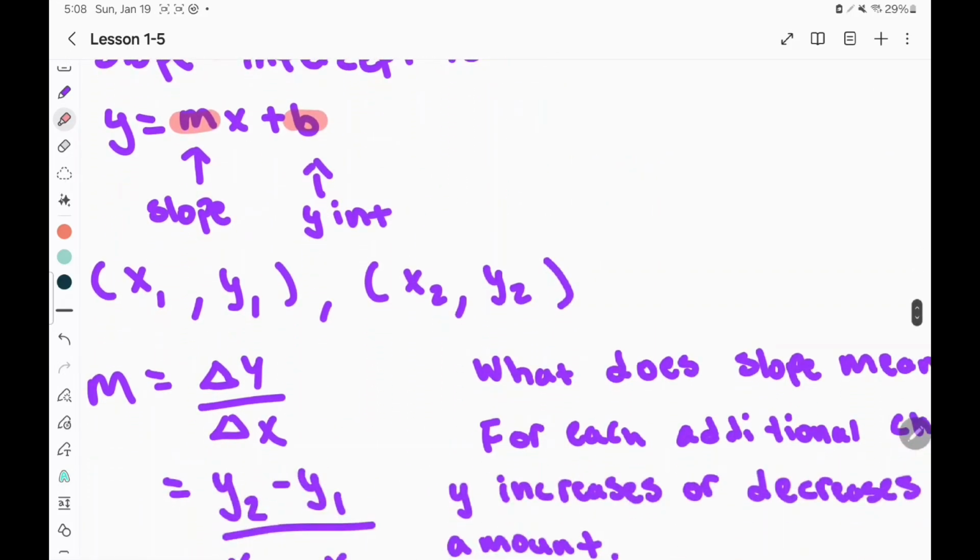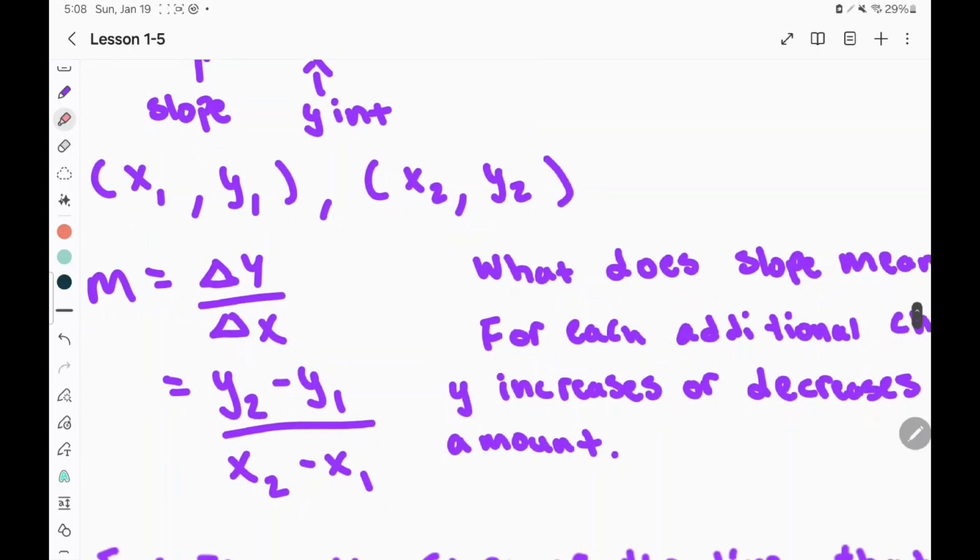We are usually going to be either given 2 points. We can look at a graph to be able to find slope, but there's different ways for us to be able to interpret it just based off of what the problem is given to us. We can also calculate slope by looking at this equation here. So we have this equation, m equals, this is pronounced as delta y over delta x, which we know is, again, the change in y over the change in x.